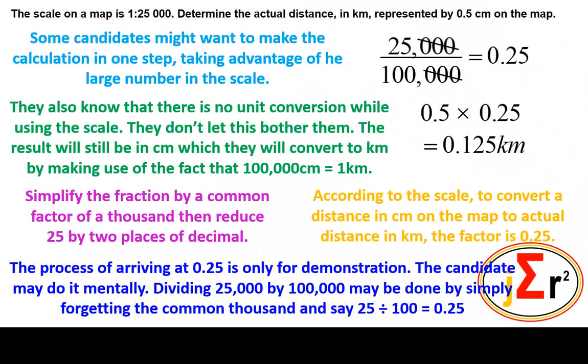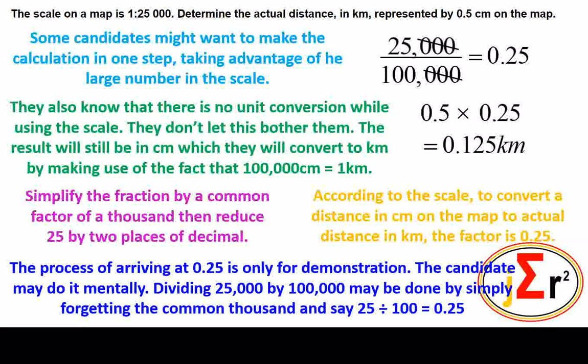The process of arriving at 0.25 is only for demonstration. We are just showing it on the slide for demonstration. The candidate may do it mentally. So the candidate might not even want to do that on paper.